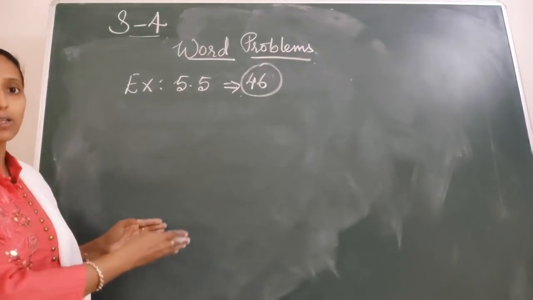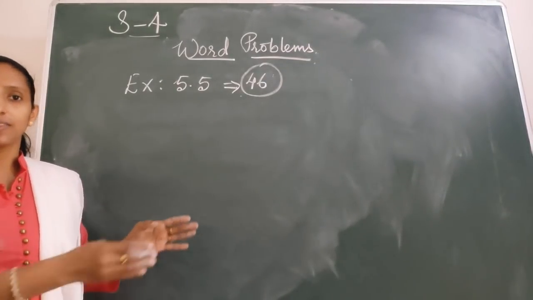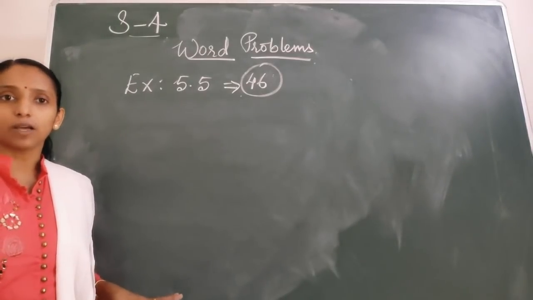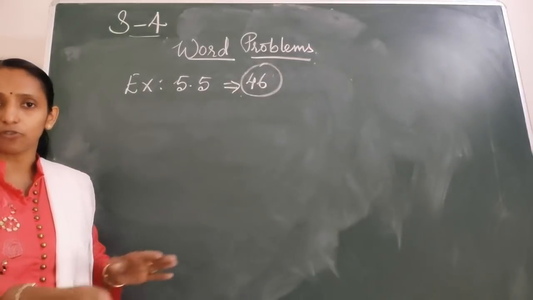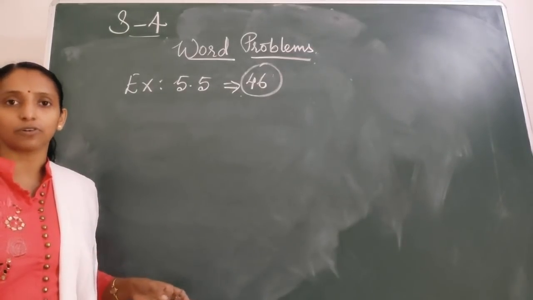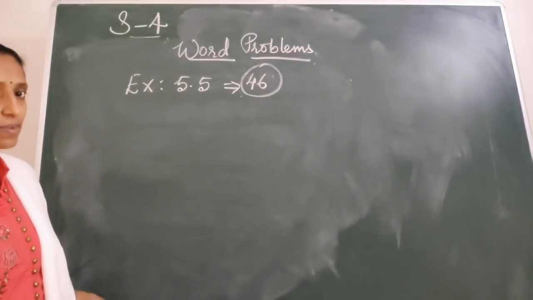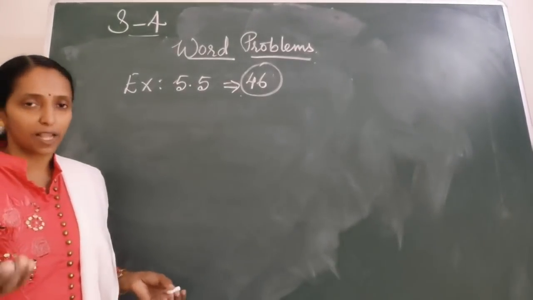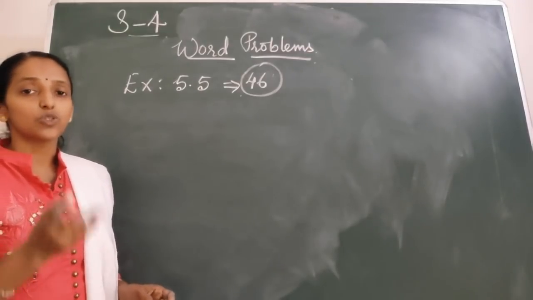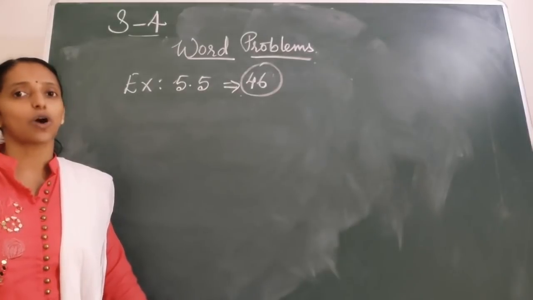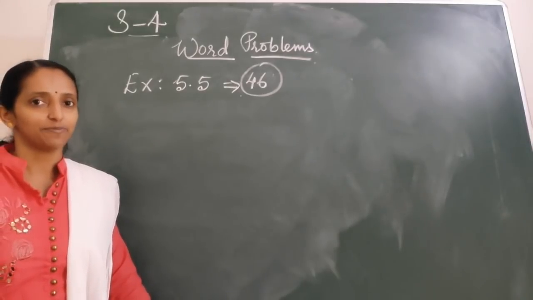Then rows and columns arrangement. Then speed, distance, time, age problem, upstream, downstream, hotel bill for staying in a hotel for this many days, cost price, selling price: minimum 2 questions per topic. Solve them in your classwork copy.